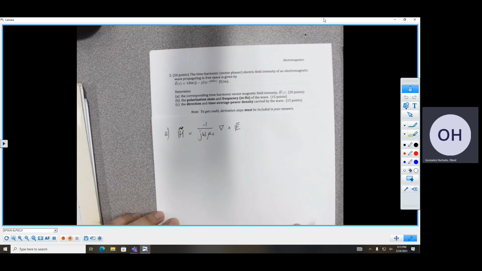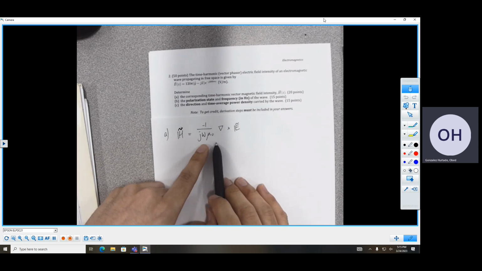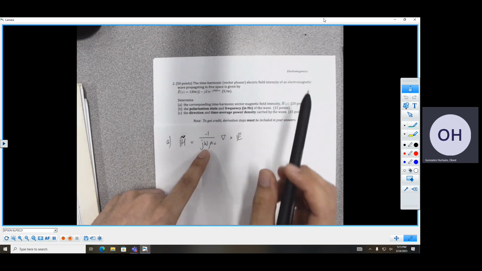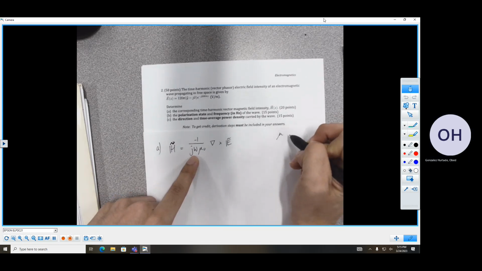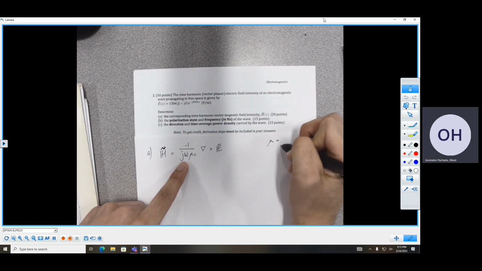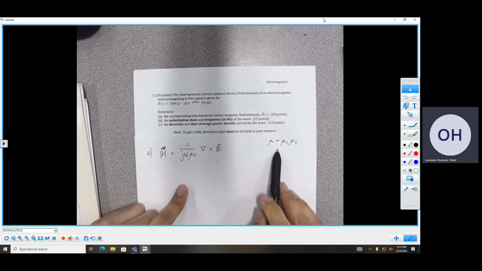A few things I noticed in your homework. We can make the assumption that this is U0 because it's telling us this is in free space, but it's not this, it's just that. But this is equal to that.